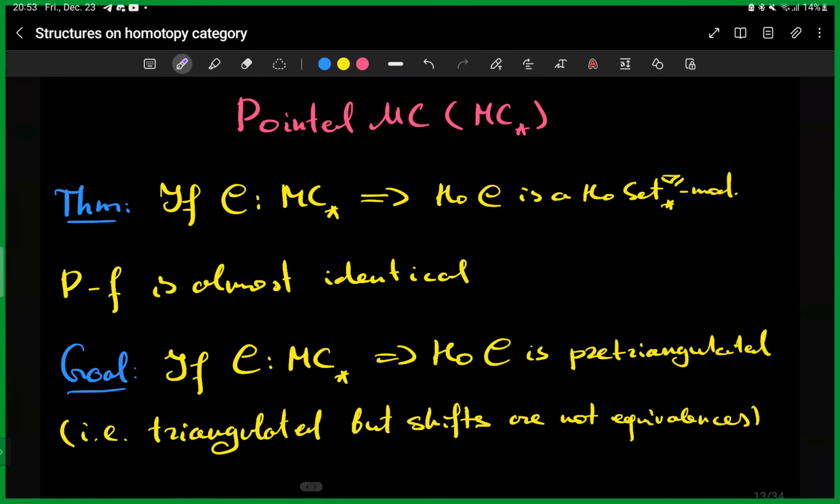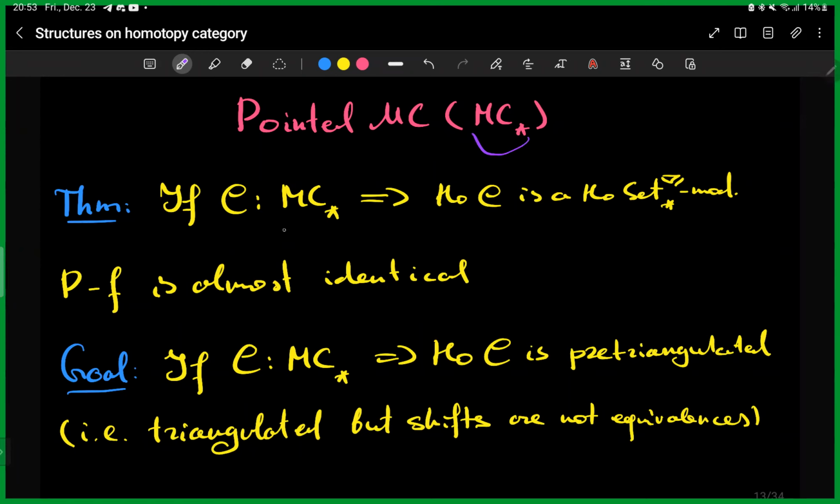So now let's discuss another, even more interesting example of extra structure which appears on the homotopy category of a model category. And this is the case of pointed model categories. I'll denote the category of them by MC star.